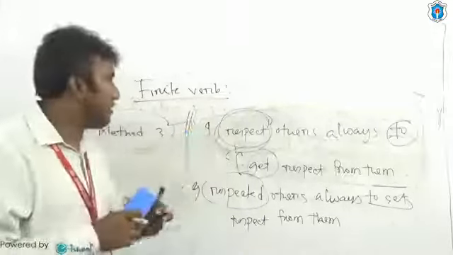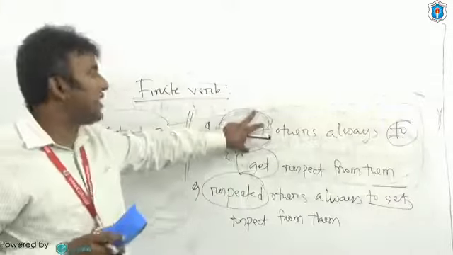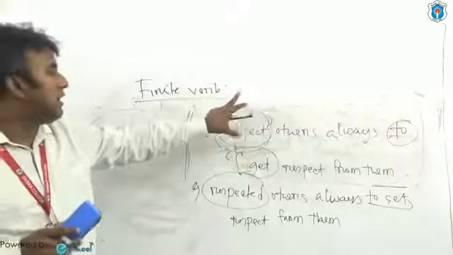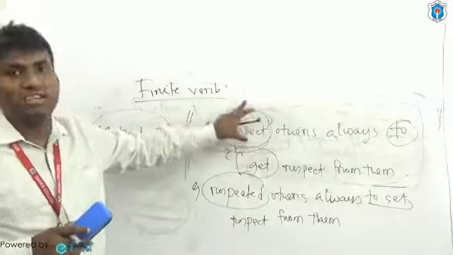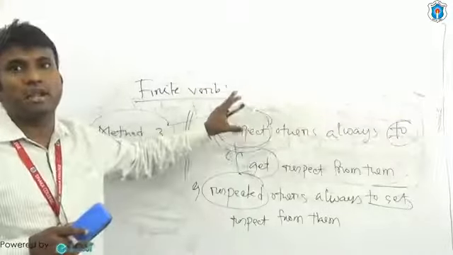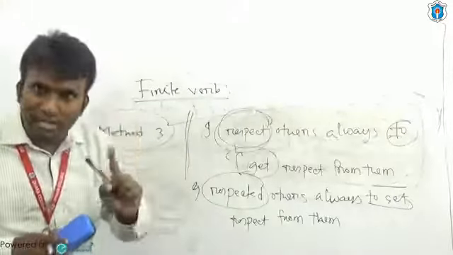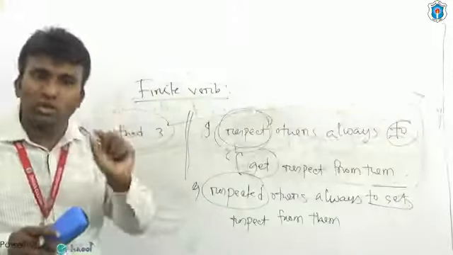So, my dear students, we have already got a clear conception about finite and non-finite verbs. Ultimately, we have got a clear conception about simple sentence. A simple sentence consists of one subject and one verb, actually finite verb.